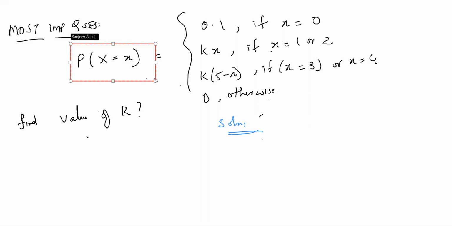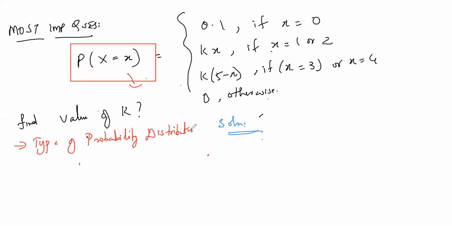So what do we understand from this? This is a type of probability distribution. We have to identify the question. The most important thing is, if you identify the question, around 90% is done. Then just apply the formula and do it.